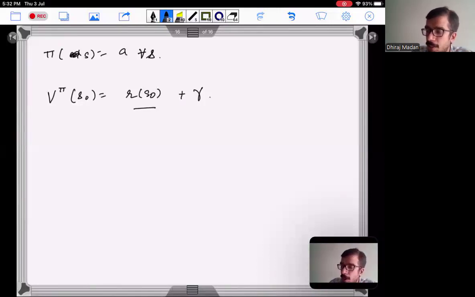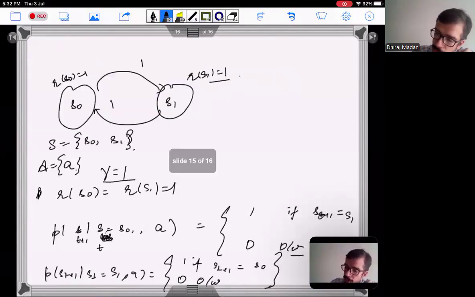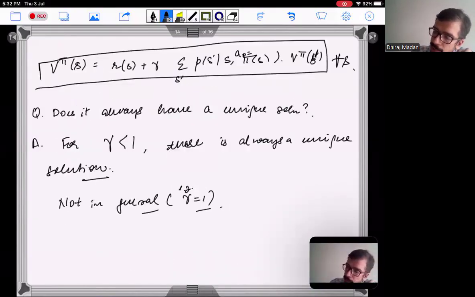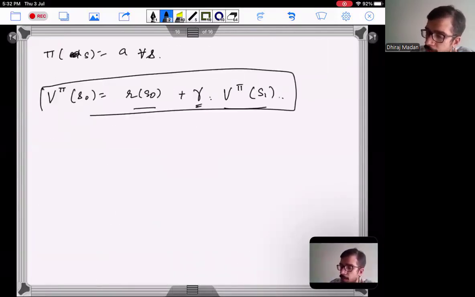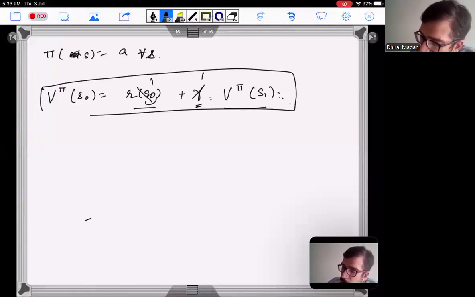Now the transition distribution is deterministic, so we move to S1 with probability 1, and we are looking at V pi of S1. R of S naught is just 1 and gamma is also 1. So V pi of S naught is 1 plus V pi of S1.